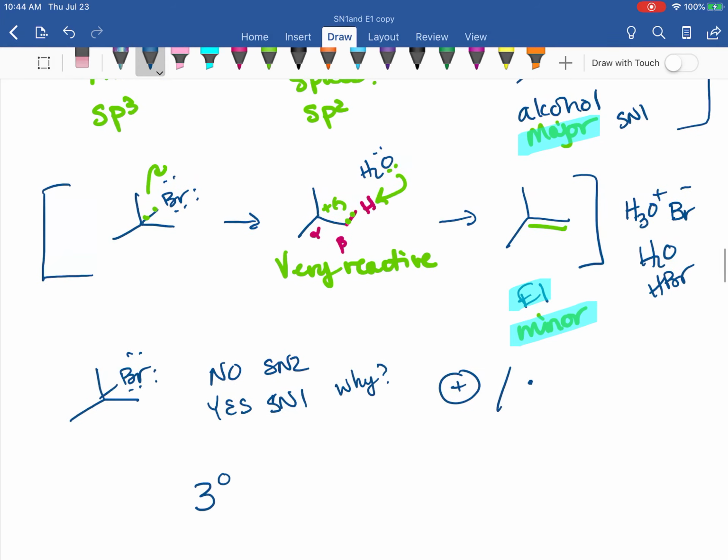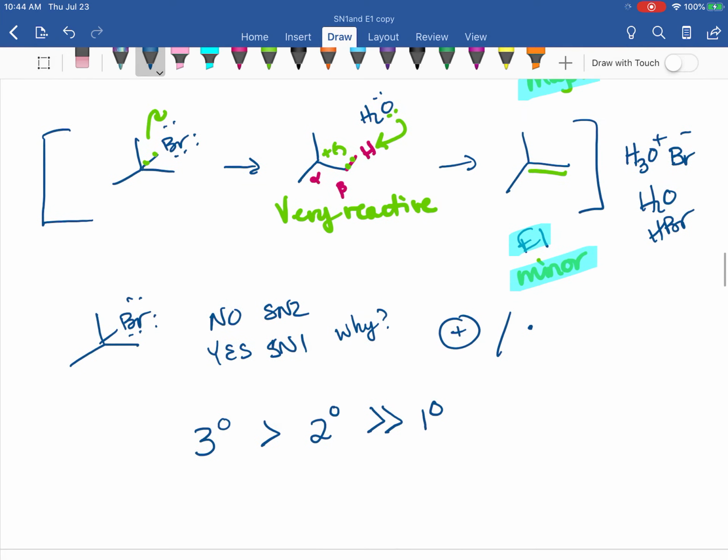So our tertiary, the more stuff around it, the better. So if we're forming that carbocation, this reaction works pretty well on tertiary. It works okay on secondary and not at all on primary. So in fact, Sn2, E2 and Sn1, E1 are kind of the exact opposite.